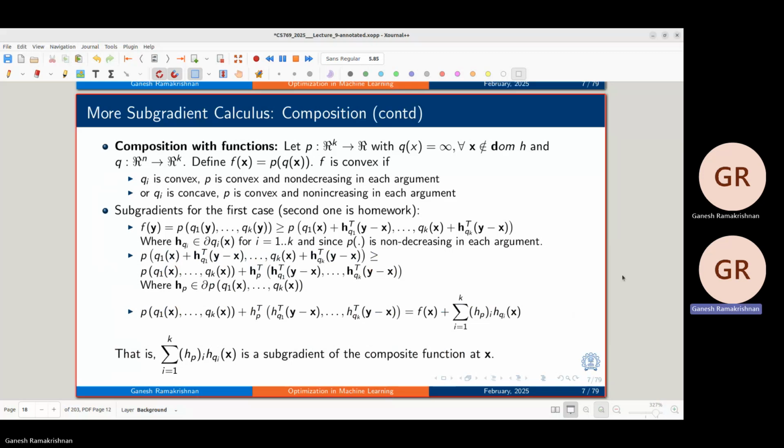There are K components in HP and K such n-dimensional HQI vectors. So overall this will be in n dimensions.